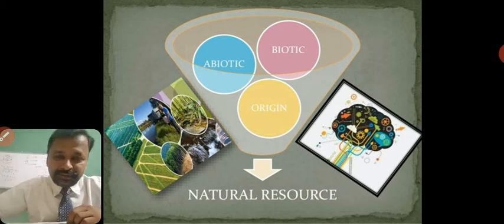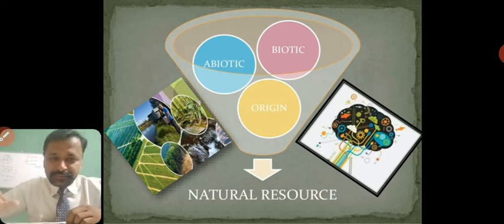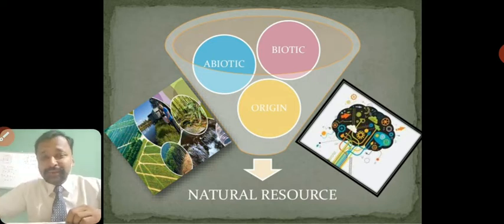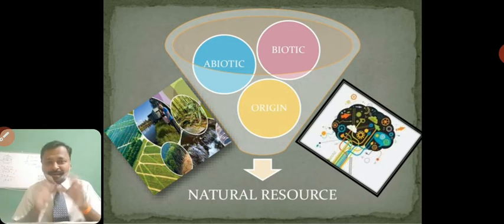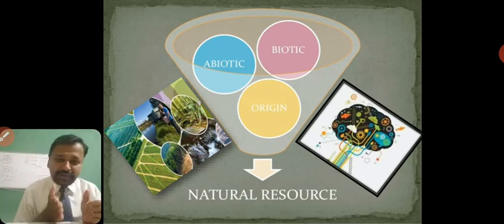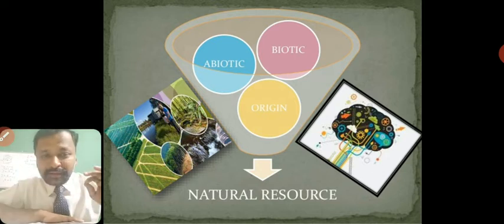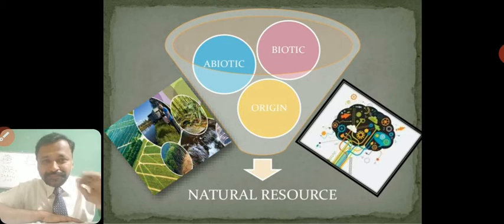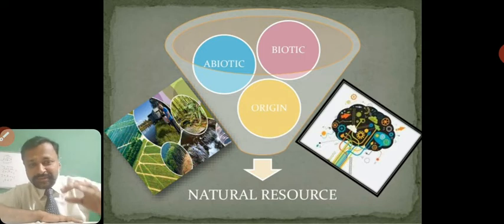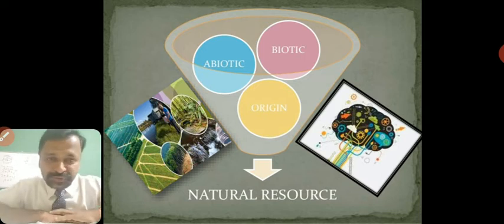If the resource comes from a non-living thing, we call it an abiotic resource. Understood? Biotic, abiotic. Biotic is living thing, abiotic is non-living thing. So whenever we get a resource, if it comes from a living thing, it is a biotic resource, and if it comes from a non-living thing, it's called an abiotic resource.